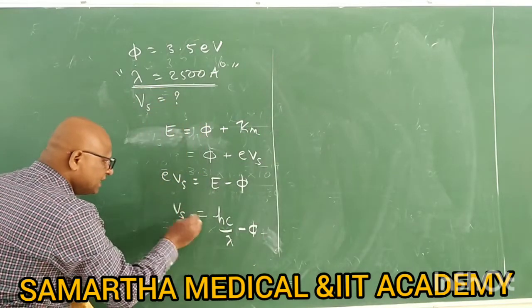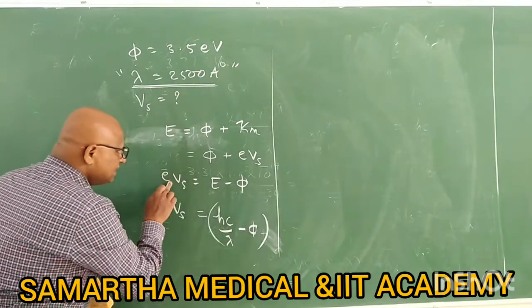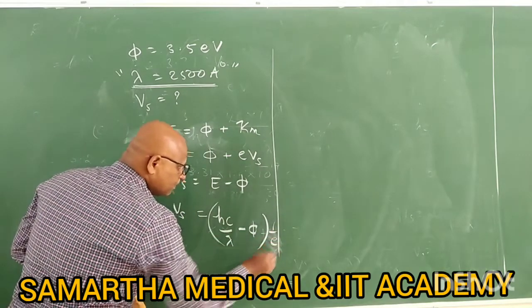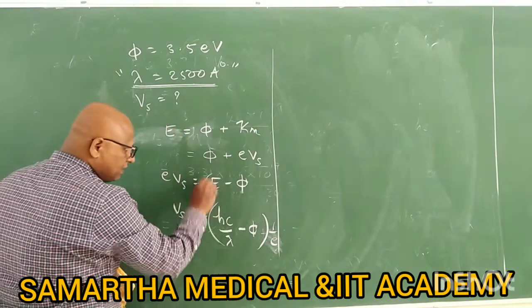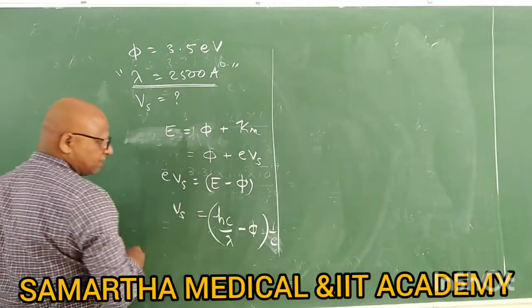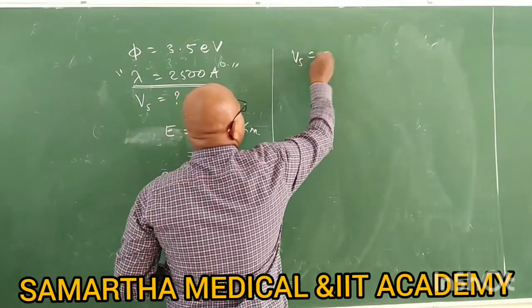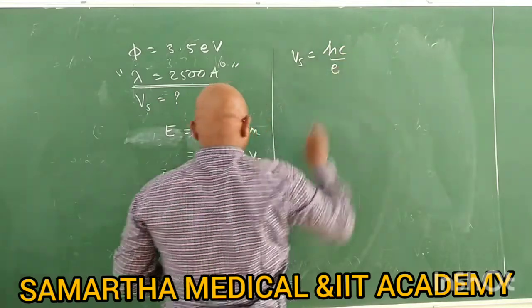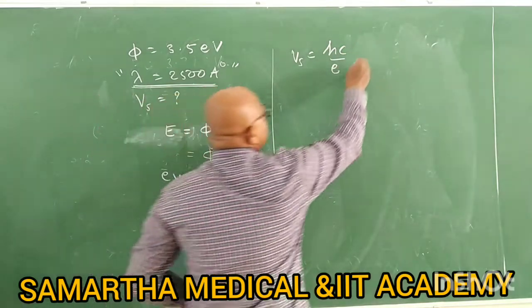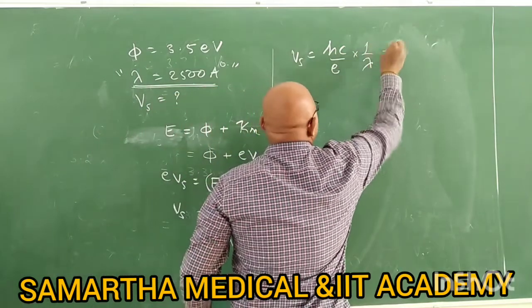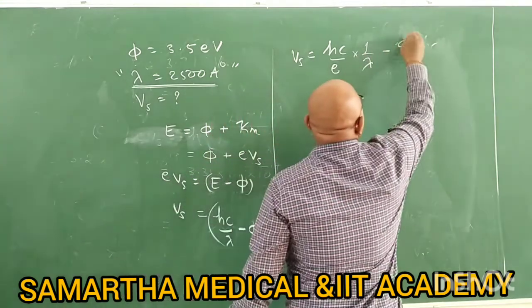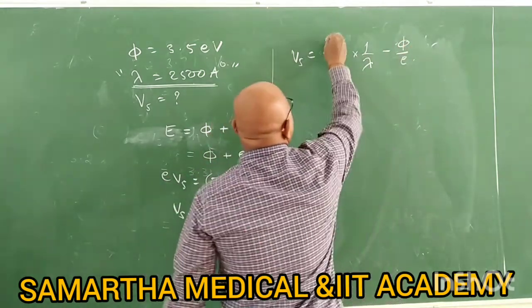Now what we will do is send this E below this expression. Now this becomes Vs is equal to Hc by E into 1 by lambda, minus work function by E, okay.